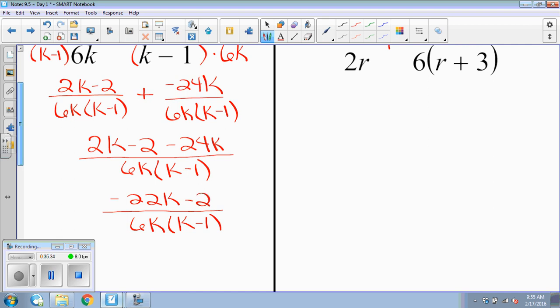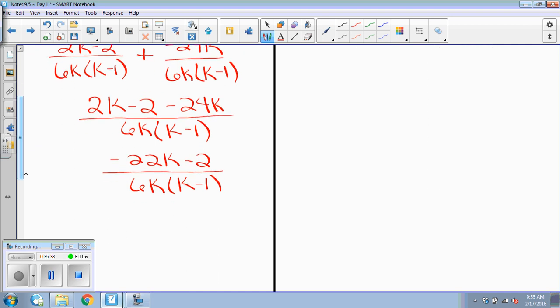You know what I'm saying? Okay, so my greatest common factor up here is 2 or negative 2. So that's negative 2 times 11K plus 1 over 6K times K minus 1. Boy, it would be nice if these could cancel, but they can't.